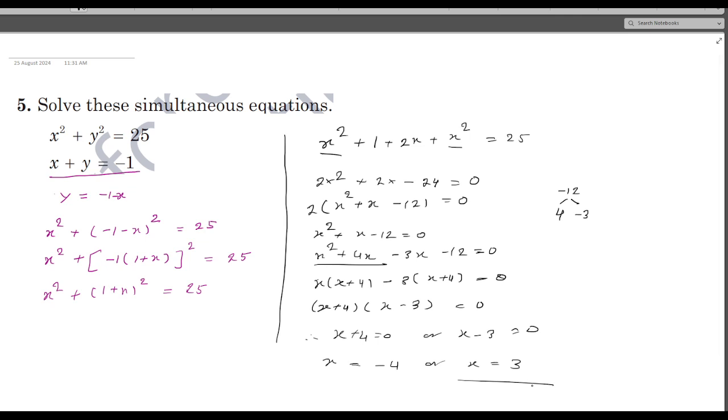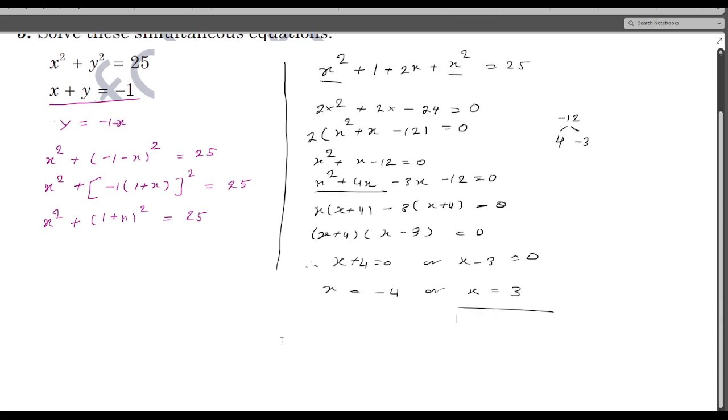Okay, so if I take x is equals to -4, now let us see what is y value. So for x is equals to -4, your y value is -1 minus of -4, which is +4, that gives you 3.